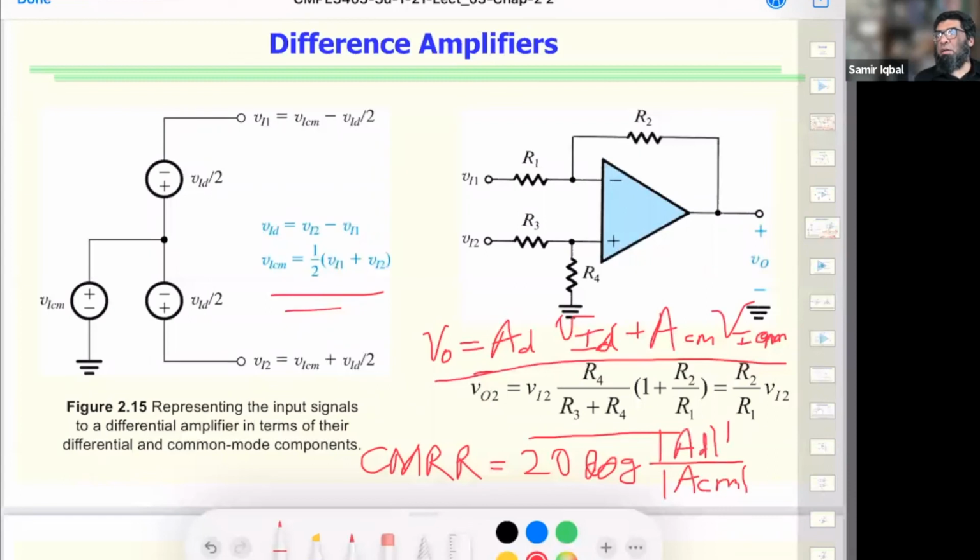So CMRR is a parameter that we know and use for our circuits to see how effective it is in rejecting the common mode signal. And we use them as transducers that have small output, like 1 millivolt.